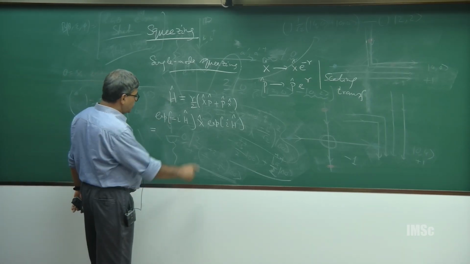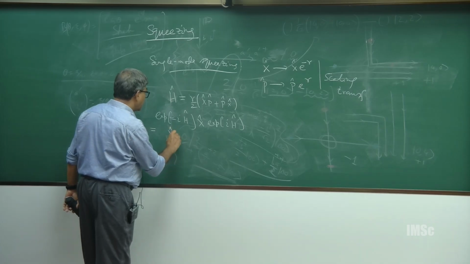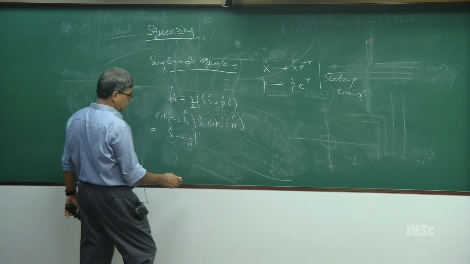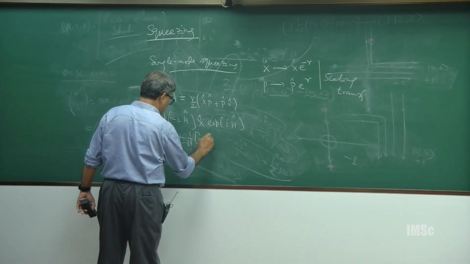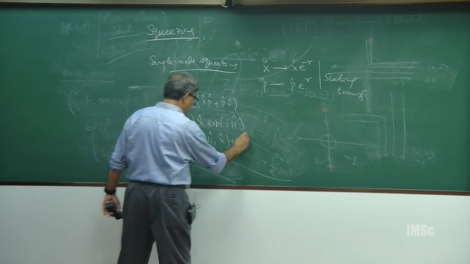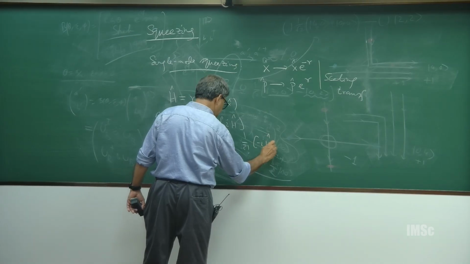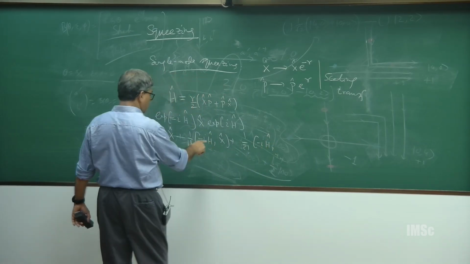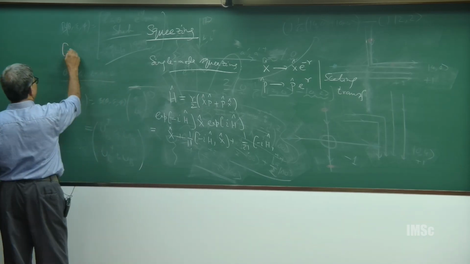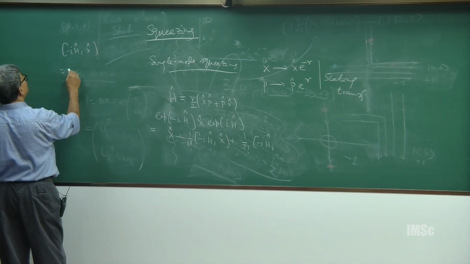So this is x plus 1 by factorial 1 times the commutator of minus i h with x, plus 1 by factorial 2 times minus i h, and then I will have to look at the commutator of this.